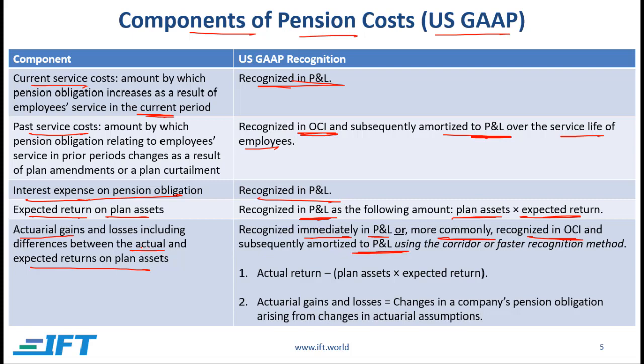We mention the difference between actual return and expected return, so that's shown over here. We come up with the actual return, and from that we subtract plan assets into expected return, so that number is coming from here. The actuarial gains and losses are the changes in a company's pension obligation arising from changes in actuarial assumptions.